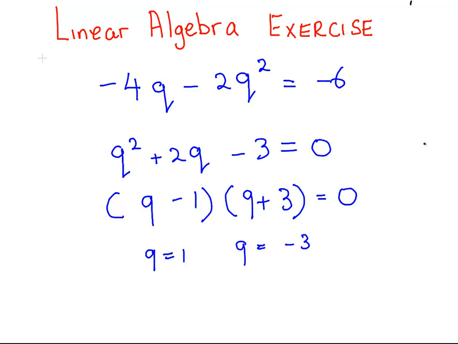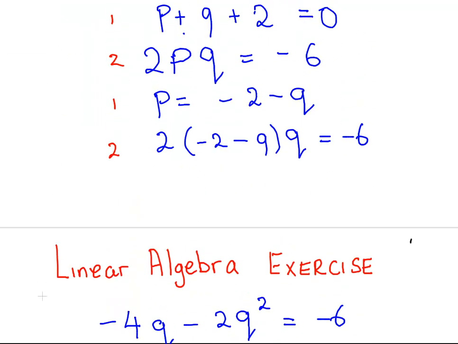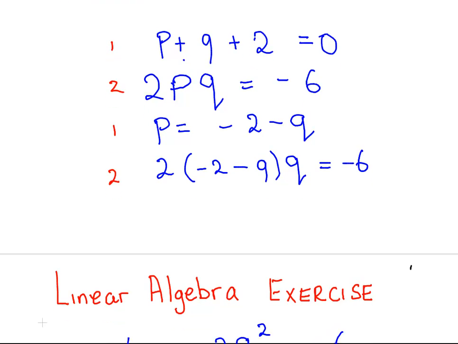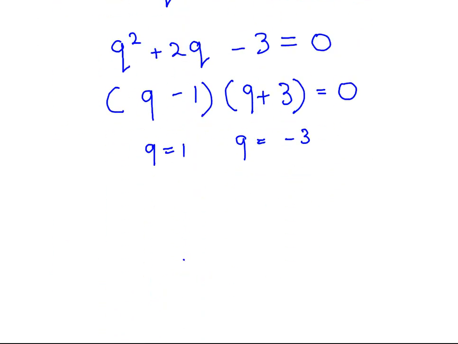What's it to be? How do we answer this? Let's just see what p was. p is equal to minus 2 minus q. In the first case, that would be equal to minus 2 minus 1, which is minus 3.